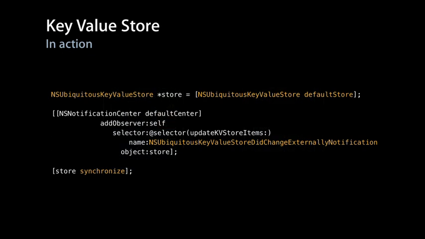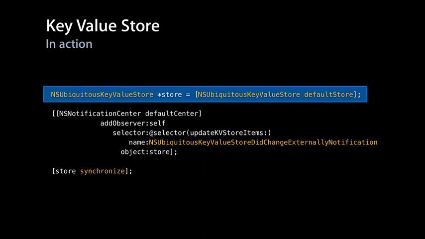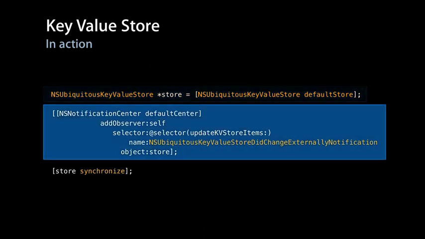Now in iOS 5, you have a new class to work with called the NSUbiquitousKeyValueStore. And anytime you want to work with this store, you first need to make sure that you ask the NSUbiquitousKeyValueStore for its default store. Now, as your application is first launching, so typically as part of application didFinishLaunching, you also want to make sure that you subscribe to the NSUbiquitousKeyValueStoreDidChangeExternallyNotification.